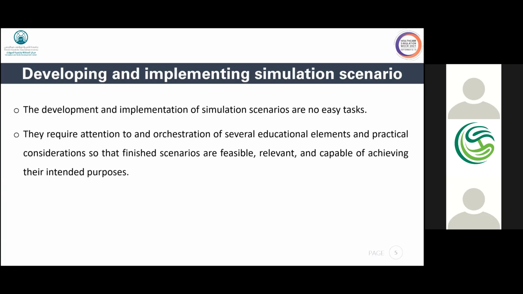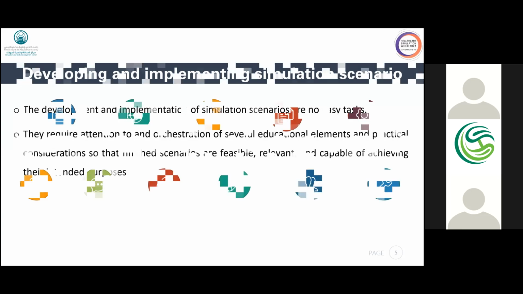Before starting on how to ensure the quality of simulation scenarios and activities, we need to know the key aspects, criteria and elements of the design, to be able to design a protocol suitable to assess the quality indicators.